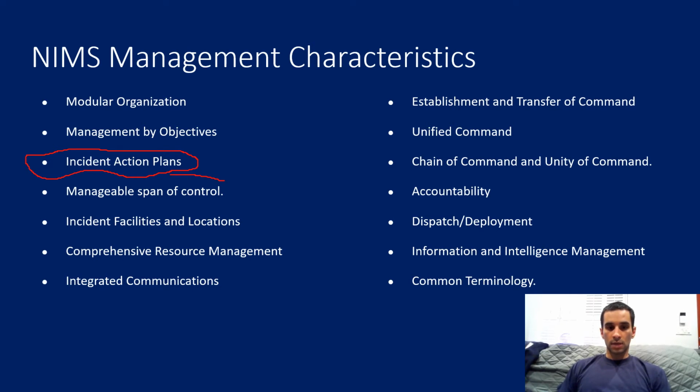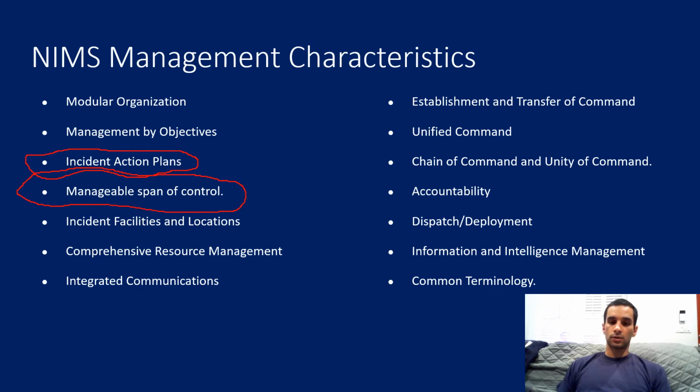The other key NIMS management characteristic that I want you to be aware of is manageable span of control. That means that basically a supervisor can only manage so many subordinates at any given time. If you have too many subordinates, it just gets too confusing. You can't keep track of everyone. And so there's limits that NIMS sets.